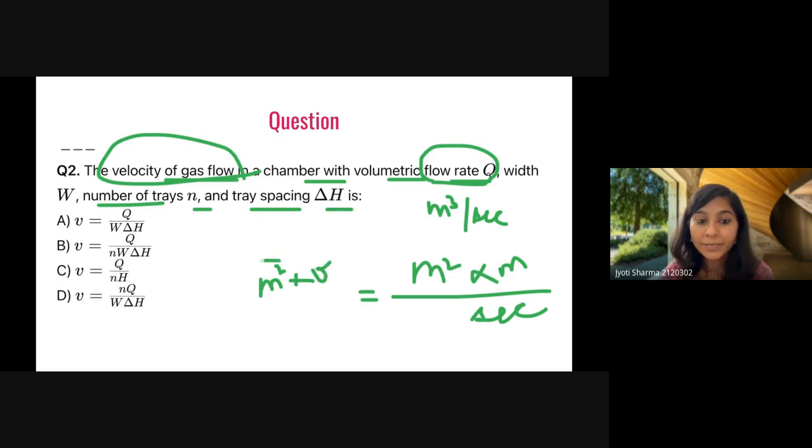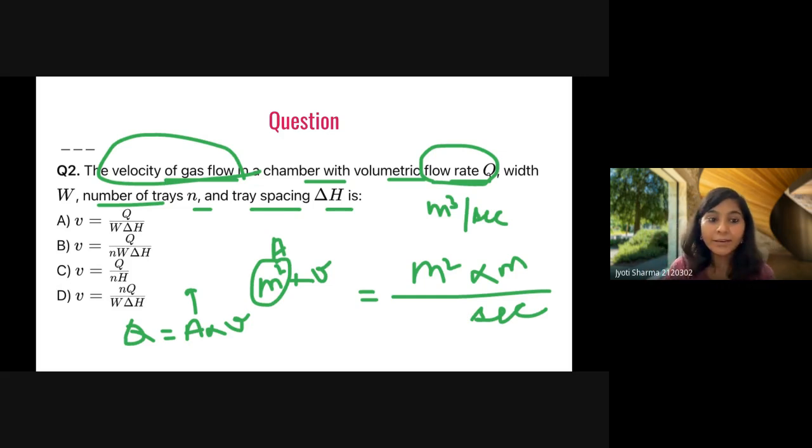Meter square is nothing but the area. So you can say that Q is equal to A multiplied by V, and you know that the area, because this is rectangular, will be length times width. So the area here will be W into del H. Can you tell me now the right answer?